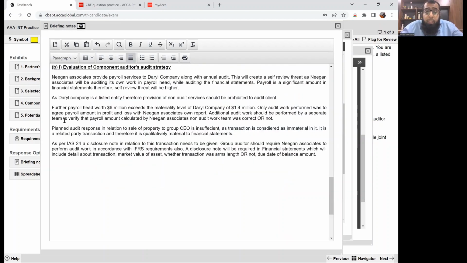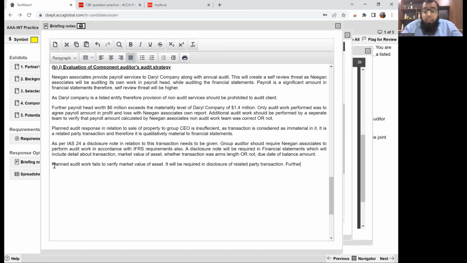Okay? Planned audit work fails to verify the market value of the asset. It will be required in disclosure of related party transaction.